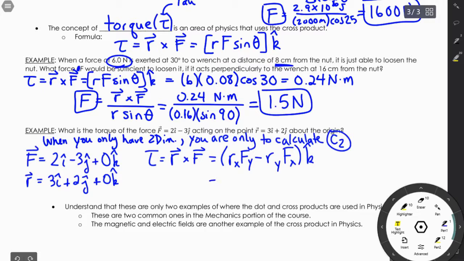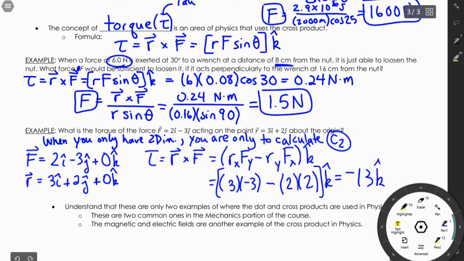So that's going to be 3 times negative 3 minus 2 times 2. So the magnitude is negative 13 k hat, newton meters in the z direction. That'll be the torque that is applied to this point about the origin.